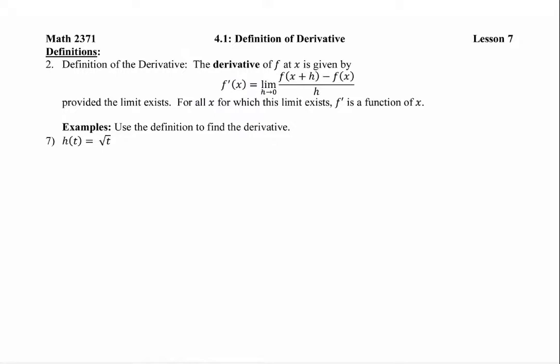All right, so the first thing we're going to do is write the definition of derivative, and show you how to do it with the square root. So I'm going to use a script H for the function, and that's the limit as h goes to 0 of script H of t plus h minus script H of t all over h.